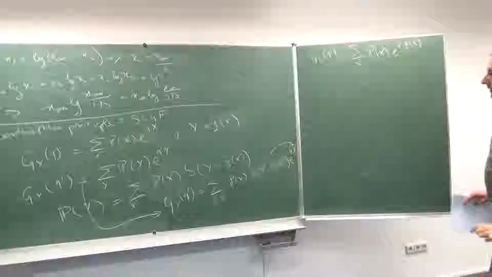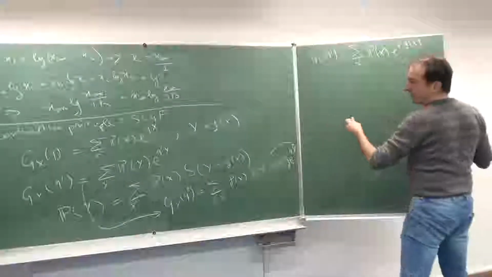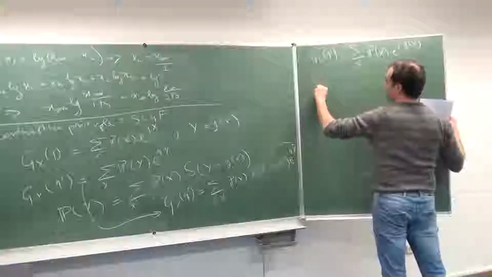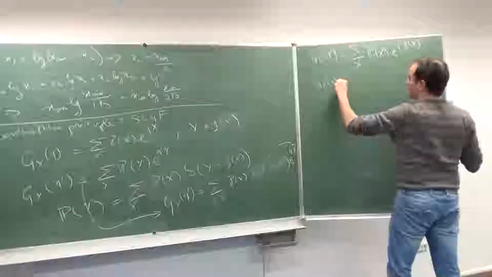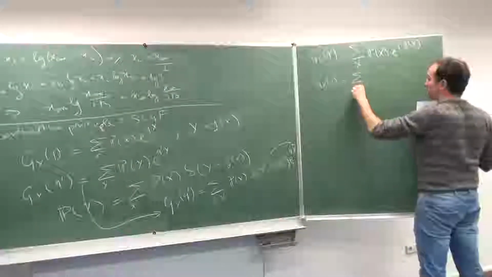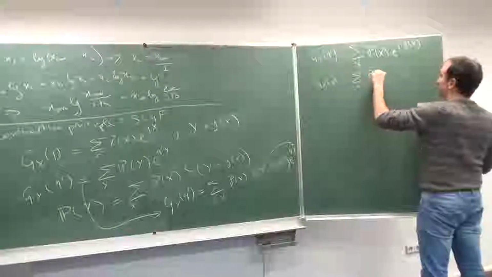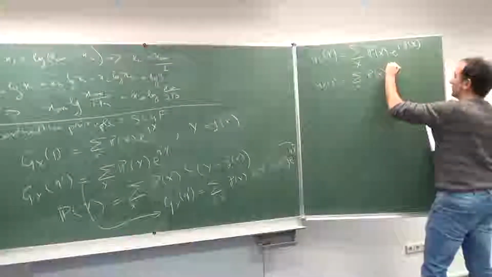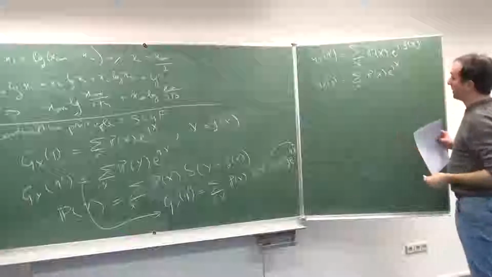Okay? And we want to compare this to G_x of q, which is the sum over x of probability of x, e to the q x.